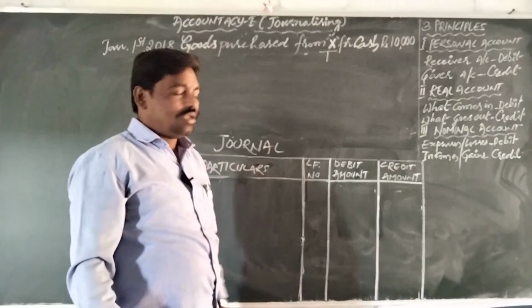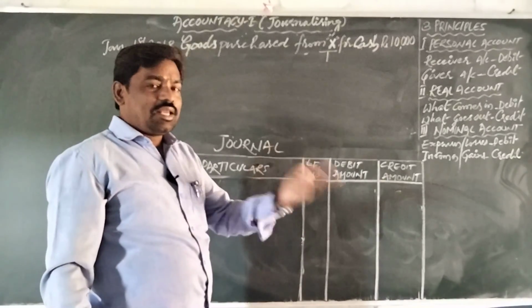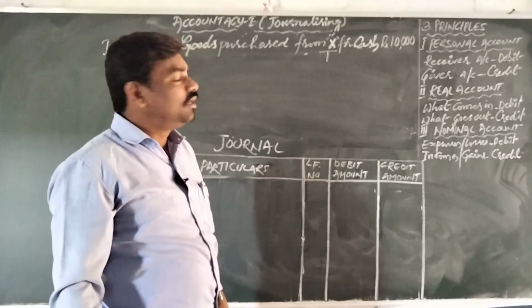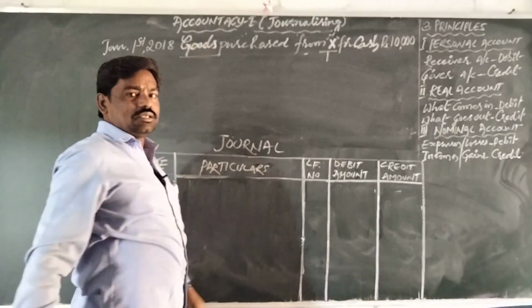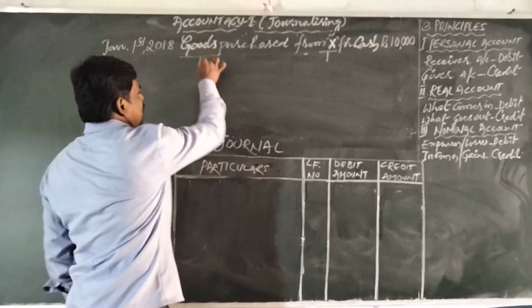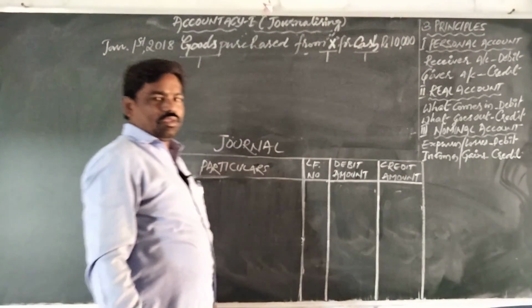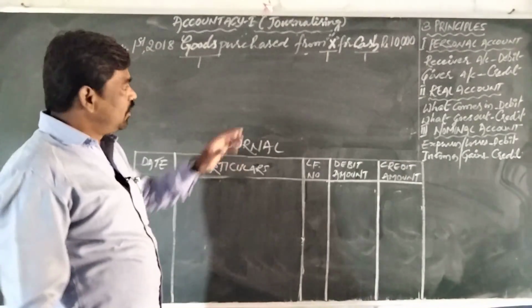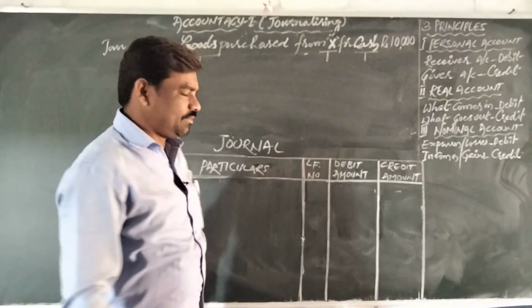So keep it aside and ask one more question: is there any asset? Yes, if you observe, goods is an asset. And one more thing is there, cash. Both are assets, and in this transaction there are a total of three aspects.